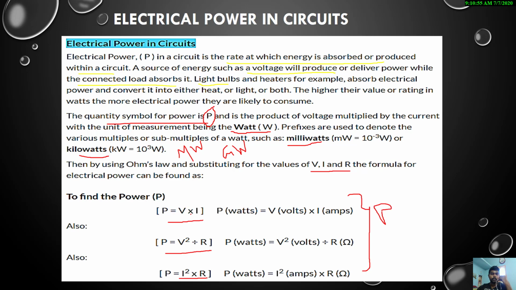In V into I, instead of I we use I is equal to V by R, using the relation V is equal to IR, we substitute the values and get different forms of the power equation.